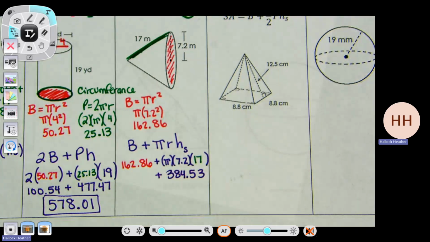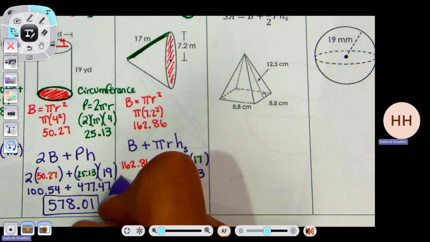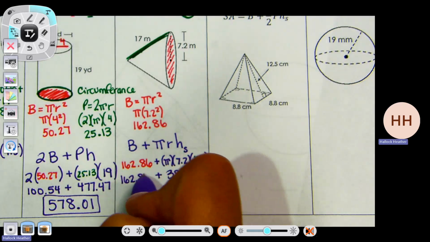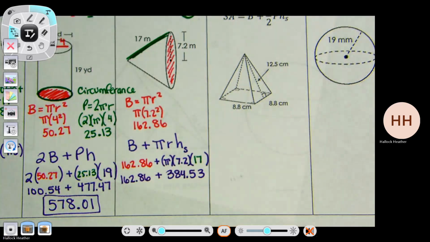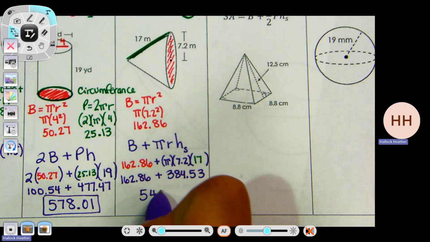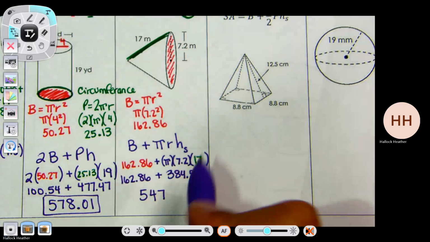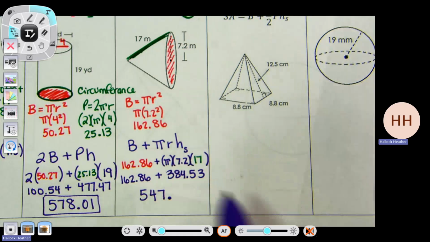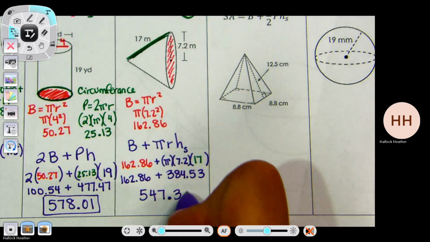In the calculator, you can just press add 162.86. And like I said, you don't have to show every single step. If you know you're going to add next, you could just do that in your work. I just like to show all the steps for notes. So 547, point what? Let's use 2 decimals. 547.39.